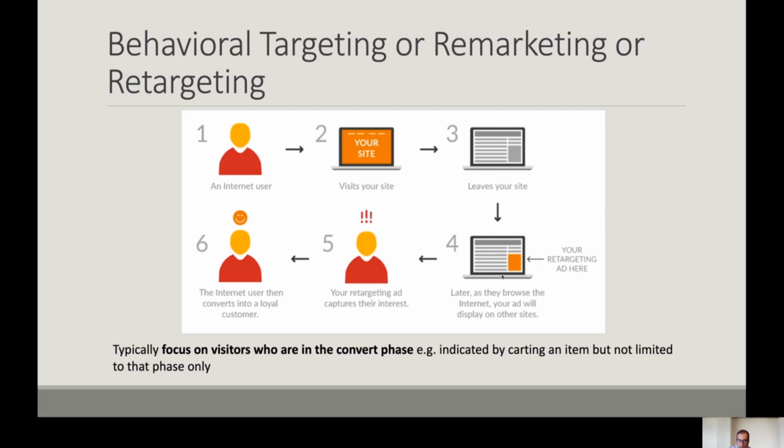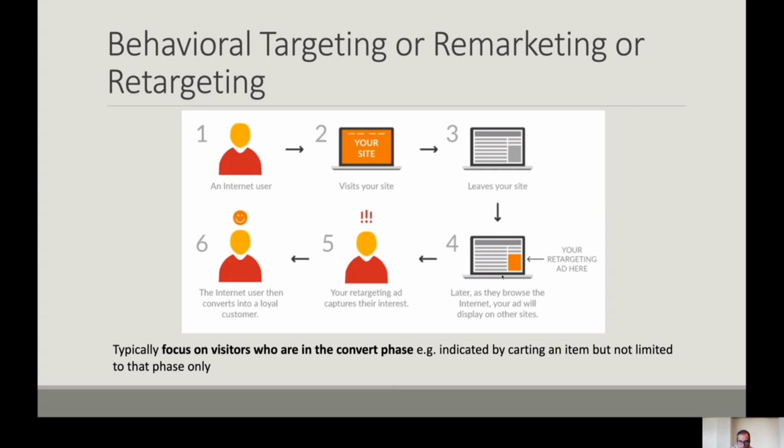So they have indicated that they have some interest in this product. And now at step number four, let's say they're reading a blog or a newspaper. And if the ad for the shoe that they had shown interest in previously now comes up over there, it is likely that, at least for a good set of these consumers, this ad will attract their attention.